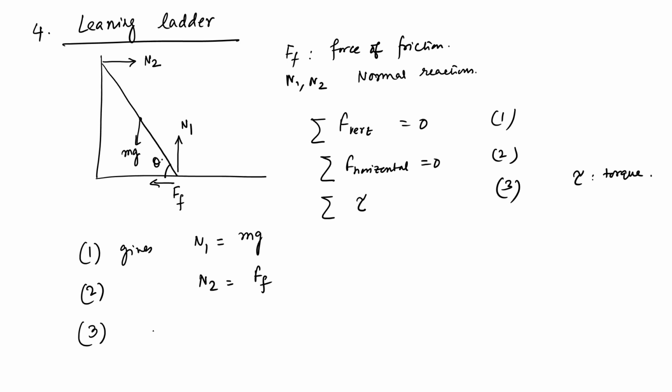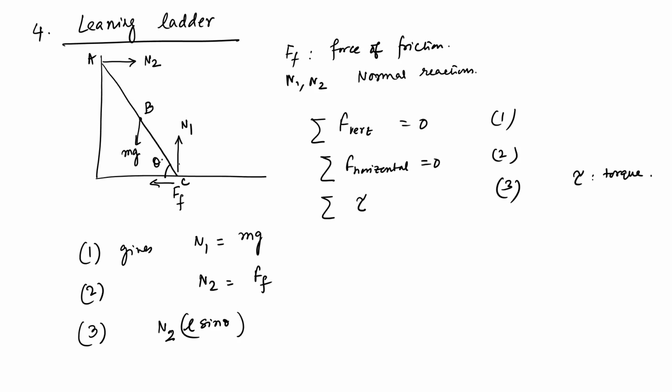That is the moment, which is N2 into L sin theta. We are taking the moment about this point, say A and C are the two extremities. So N2 into L sin theta, because theta is the angle, is balanced by the weight multiplied by L by 2.